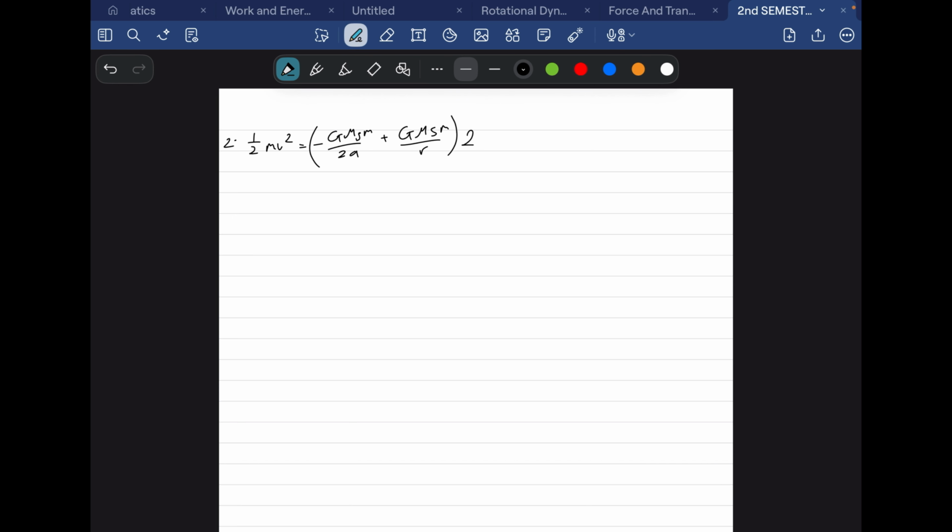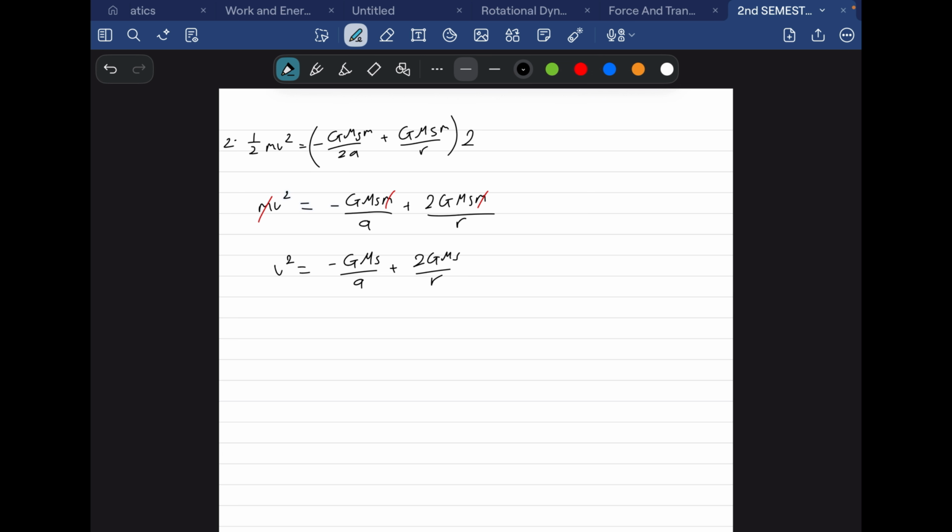So I get m v squared is equal to negative G M_s m over a, the semi-major axis, plus 2 G mass of the sun, mass of the object over r, right? Then all of the mass of the object can cancel out, which leaves you with v squared is equal to negative G M_s over a semi-major axis plus 2 G mass of the sun over r, the distance from wherever the comet is.